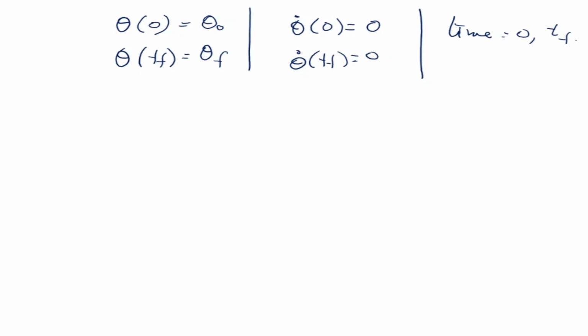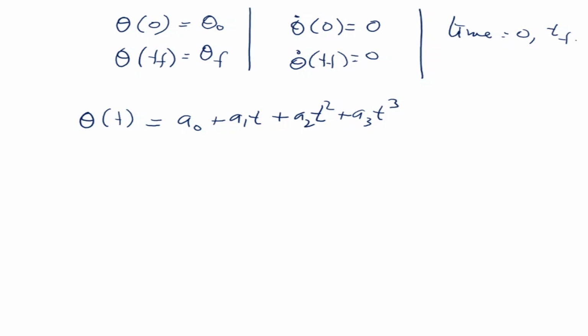So we are going to represent this by a cubic polynomial of degree 3 at least: theta of t equals a naught plus a1 t plus a2 t squared plus a3 t cubed. There are four constraints and we have four coefficients here, a naught, a1, a2 and a3.